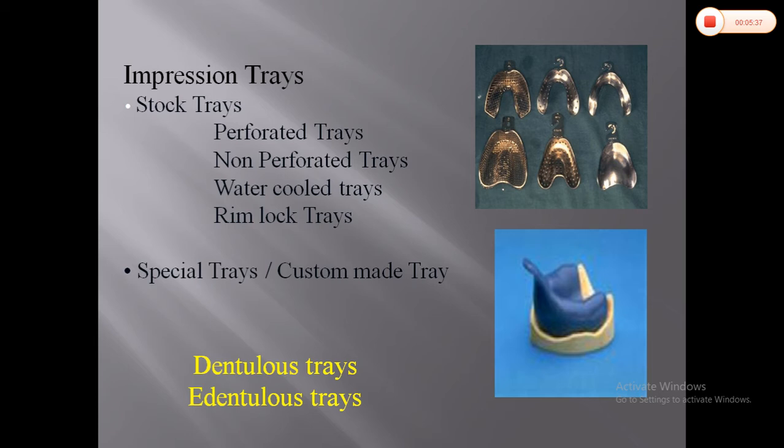In custom-made trays there is not much variation, just a difference in the material and whether it is for dentulous or edentulous arches. But stock trays can be classified into perforated or non-perforated trays, dentulous or edentulous trays, rim-lock trays, and water-cooled trays. So you have variants of this type.